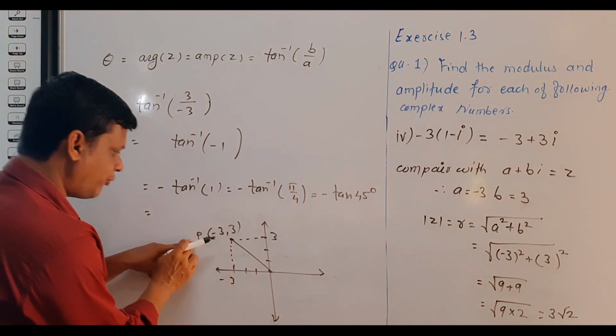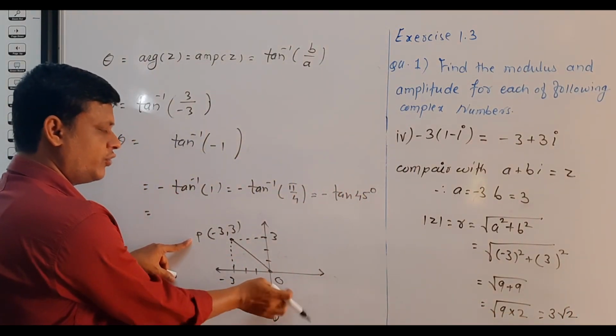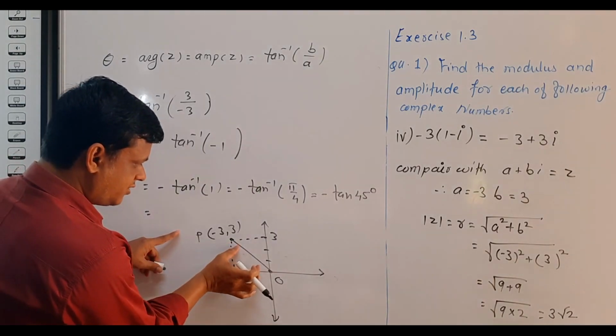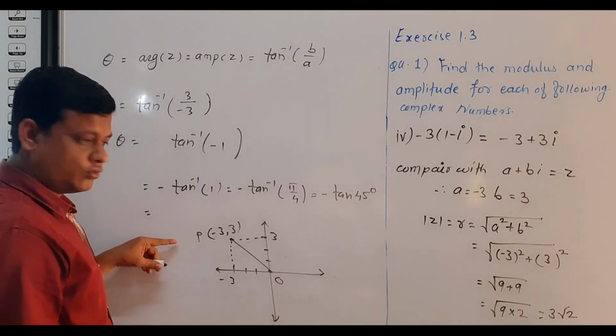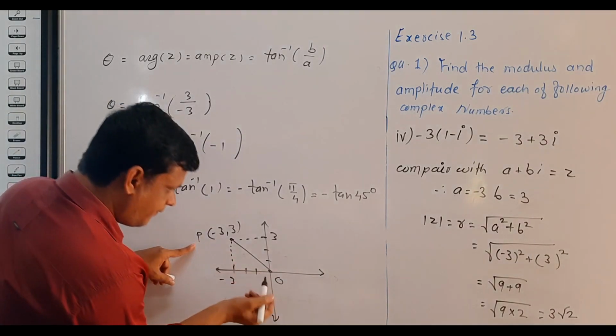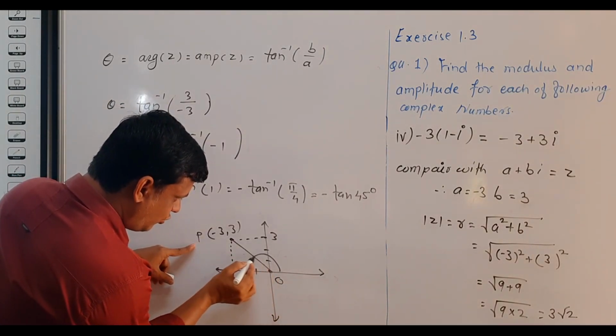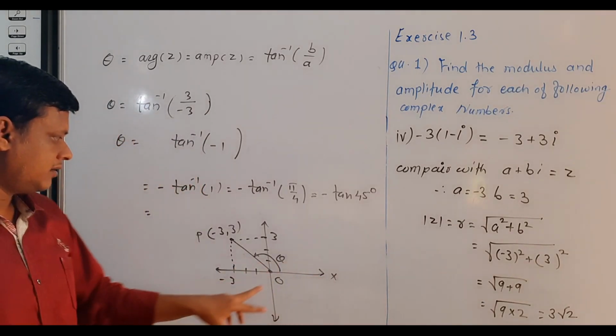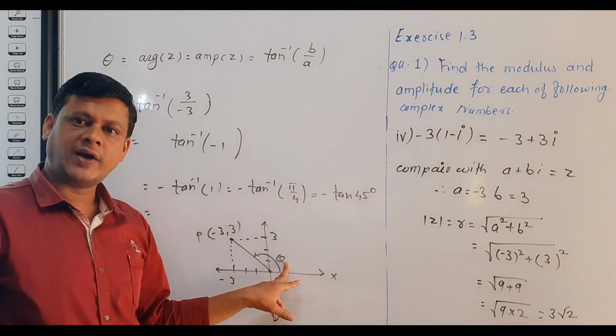The distance of point P from the origin, this O, is called the pole of the coordinate. Then this distance OP we calculate as 3 root 2, and we have to find the inclination of this OP with the positive direction of the x-axis. This theta we are going to find.